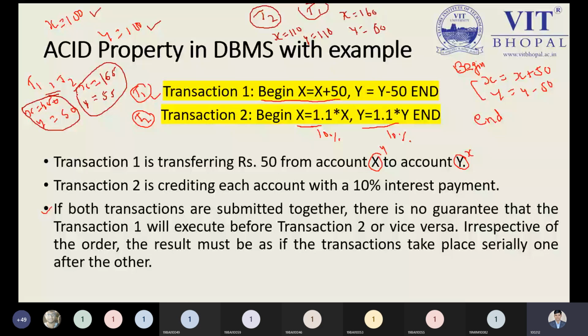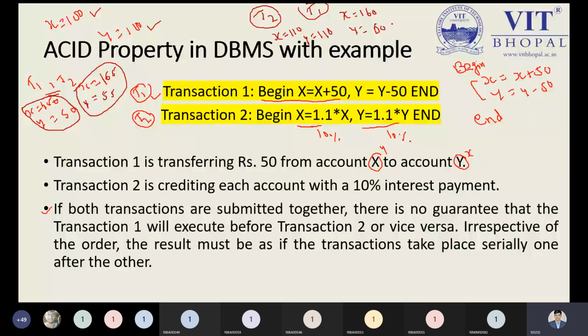But we don't know which transaction should execute first. Choosing T1 and T2, we get X and Y values like 165 and 55. But choosing the order T2 and T1, I see the X value 160 and the Y value 60 rupees. So both values are different for each sequence of the transactions.